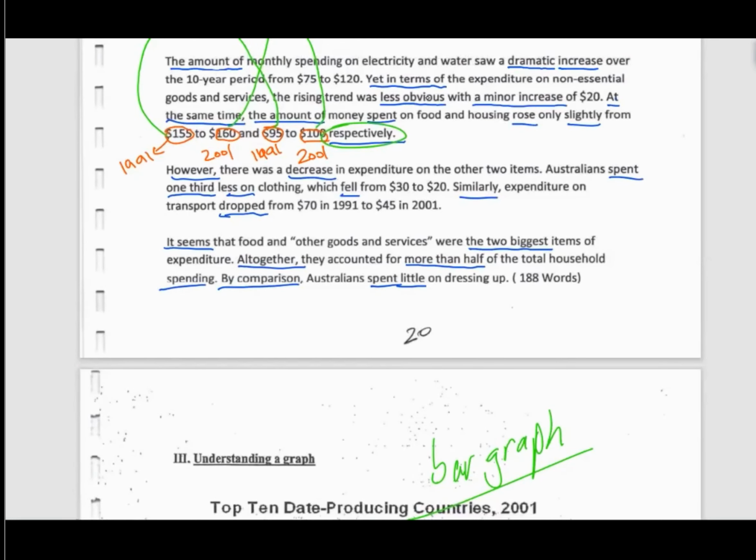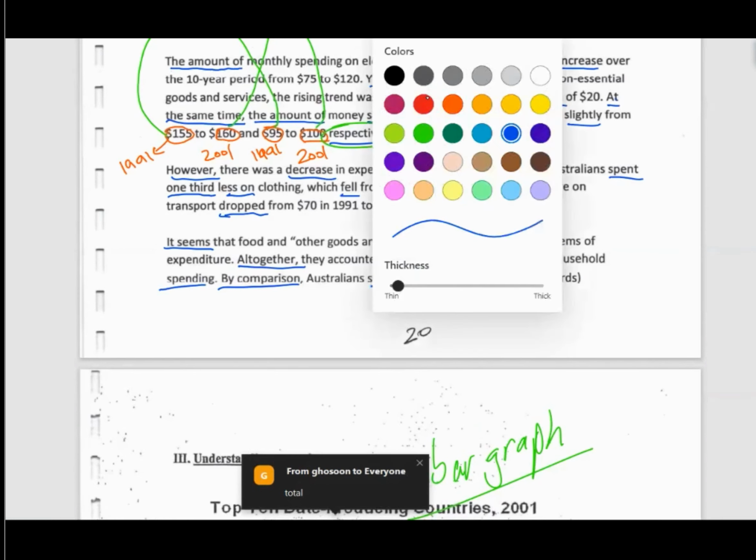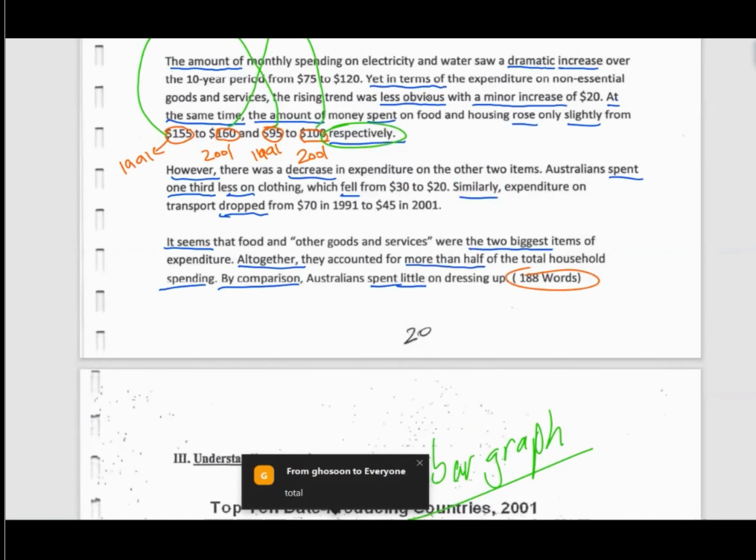The writer here had 188 words, which is more than enough.